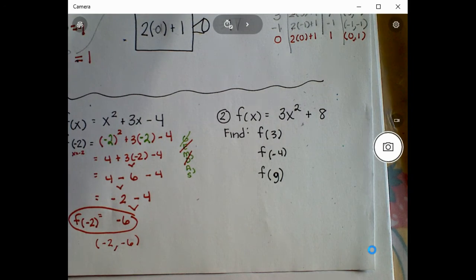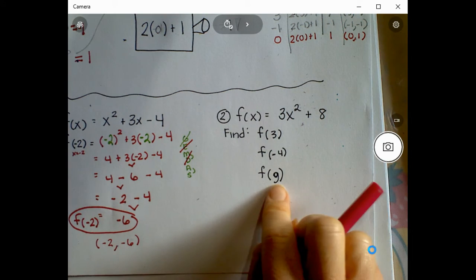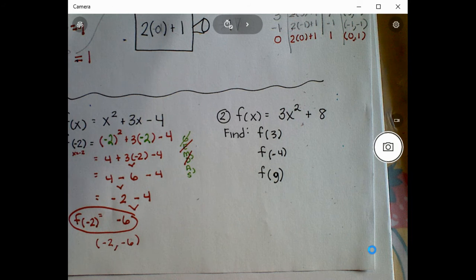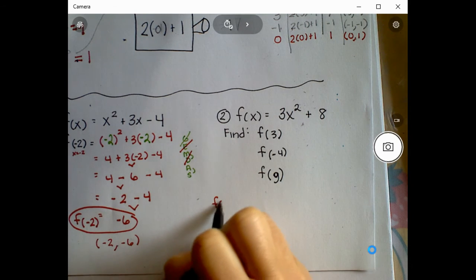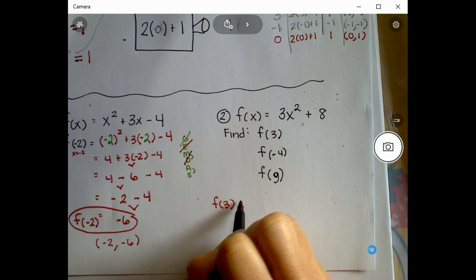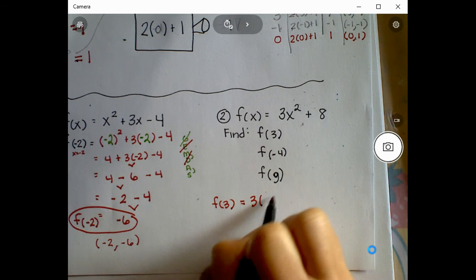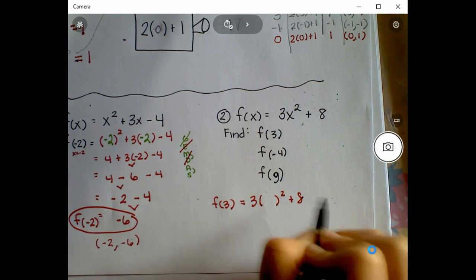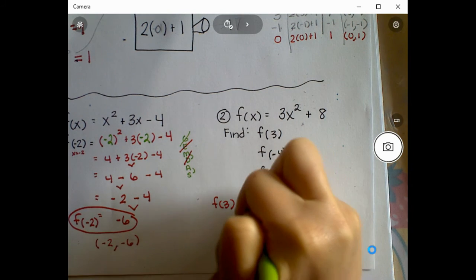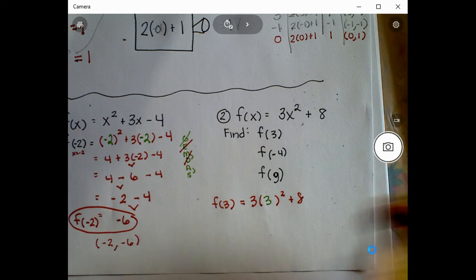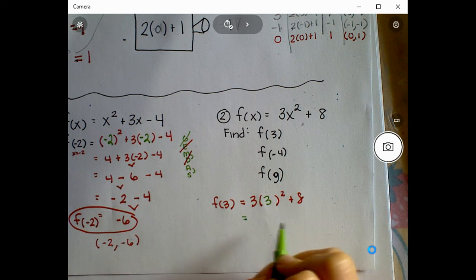F of x equals 3x squared plus 8. We want to find each of these. So that's like putting it in the machine 3 times. All right, so for f of 3, I'm going to write it down here. F of 3 equals 3. And everywhere we have an x, we're going to substitute 3. All right, use the order of operations to simplify.